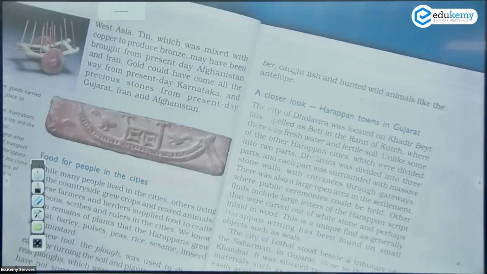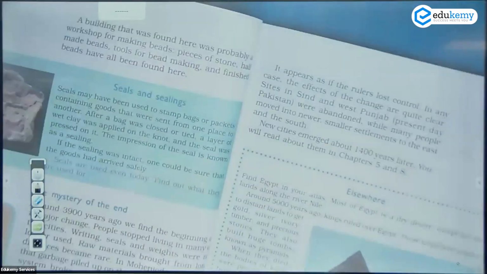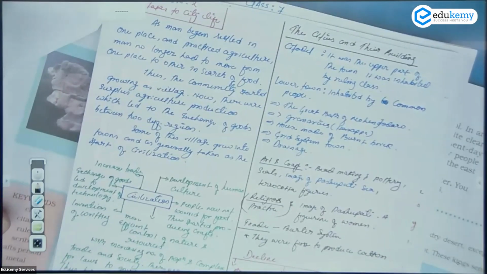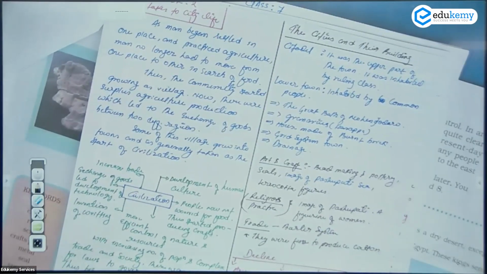There is craft. There is this box given. Then we have the material. यहाँ पे cities के बारे में है, यहाँ पे आपका लोथल और डोलावीरा के बारे में. So everything can be incorporated in your synopsis. In just one page, whatever has been written can be incorporated. So this becomes more easy to revise.